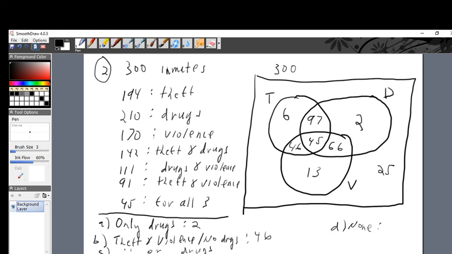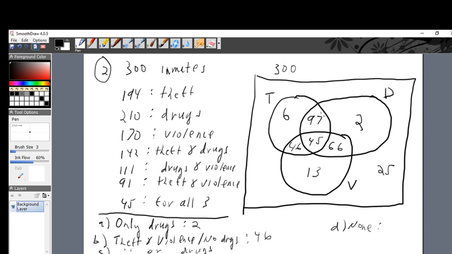Theft or drugs. Well, anybody doing theft or drugs will take all of that. So that's a lot of people. Theft or drugs is going to be 46 and 45.